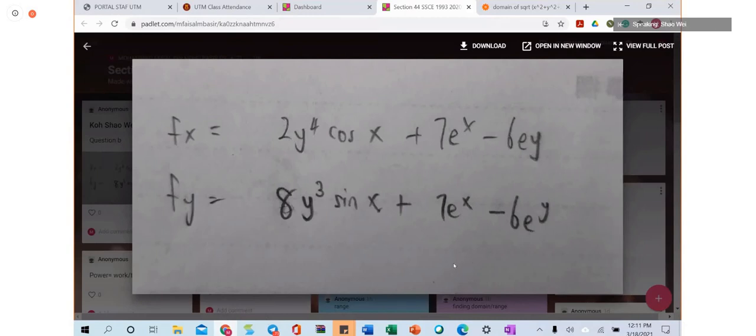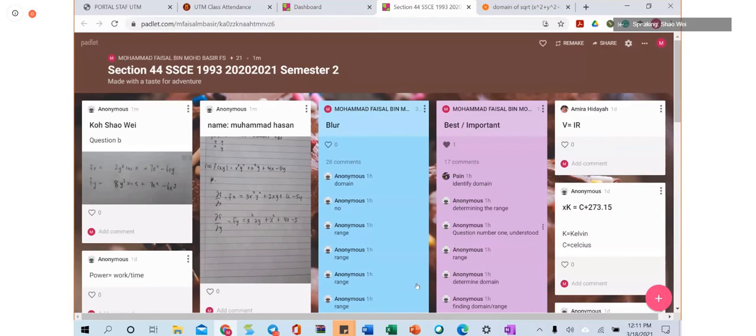Which one no need? The ex. Why? Because x becomes 0. X is a constant. So 7ex is a constant. Let's say 5 or 1. So differentiate 1 will be 0. Okay.